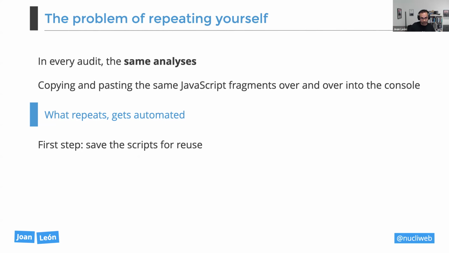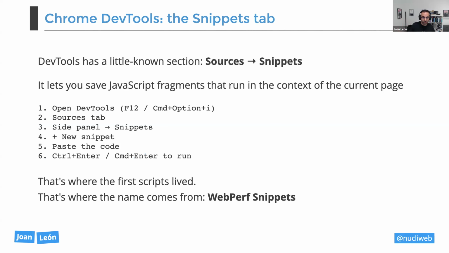So the first step was to save the scripts to reuse. In developer tools, we have a little-known section, Sources, Snippets in the Sources tab. We will see it in a bit.